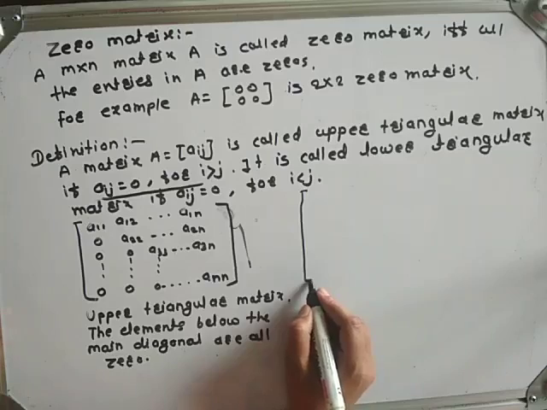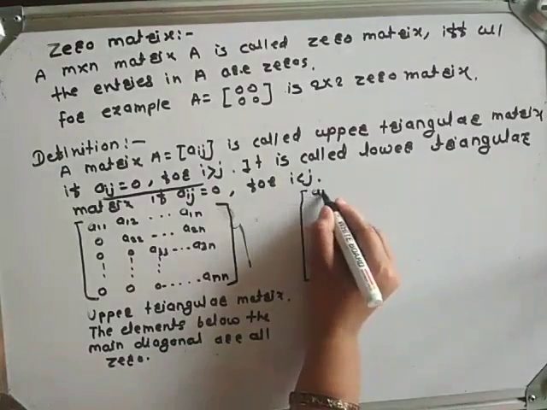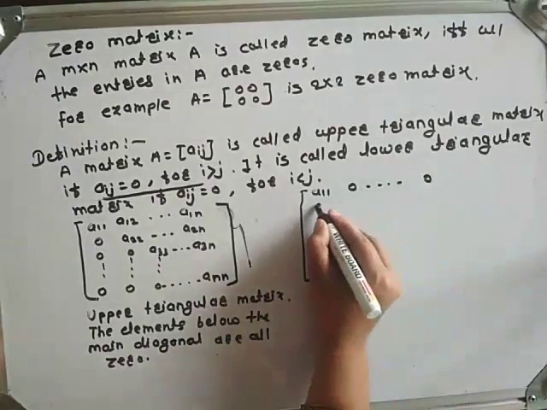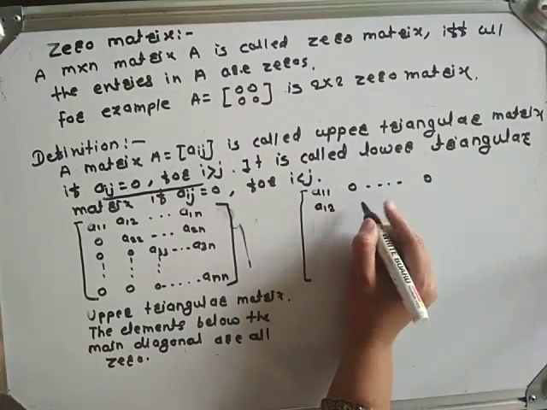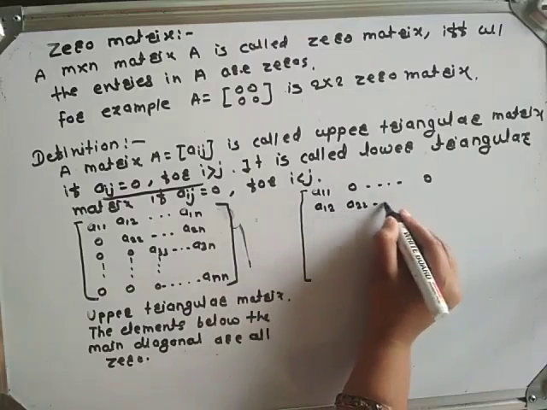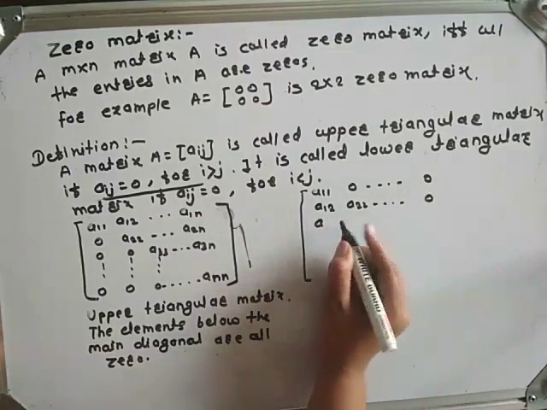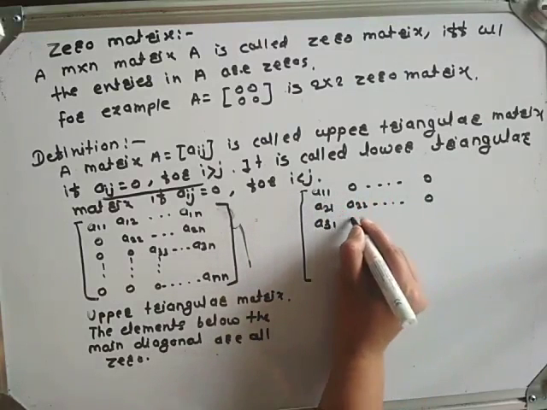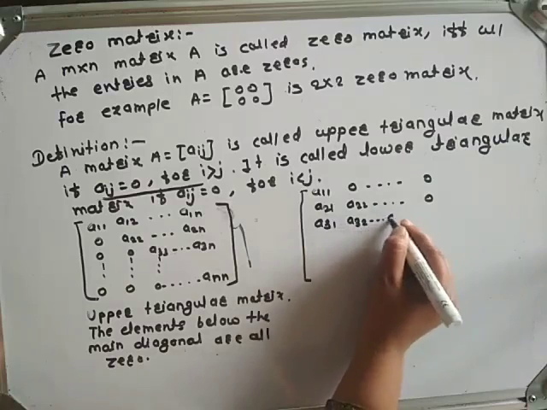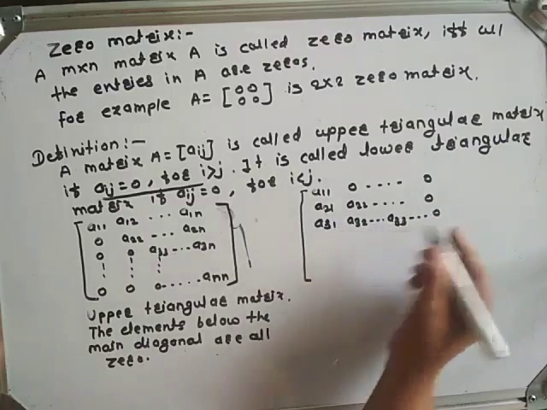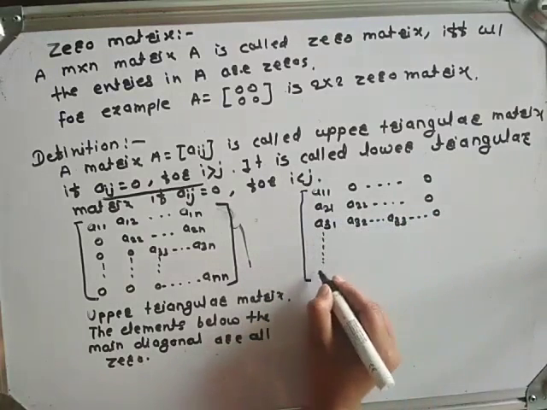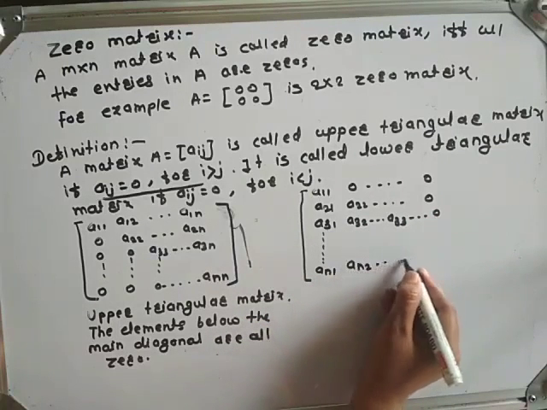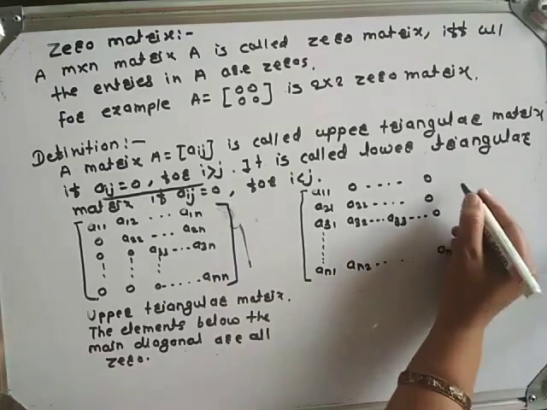Now we see what is a lower triangular matrix. A11, 0 and so on up to 0. A21, A22 and so on up to 0. A31, A32, A33 and so on up to 0, and so on up to An1, An2 and so on up to Ann.